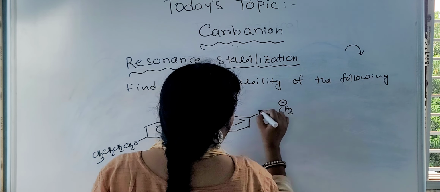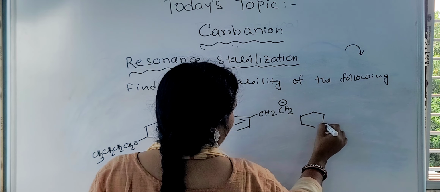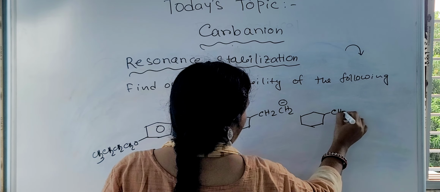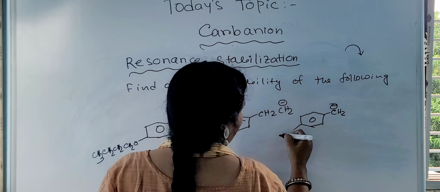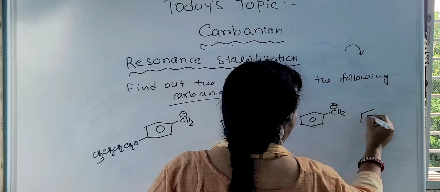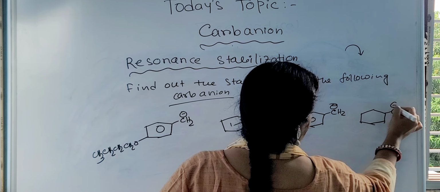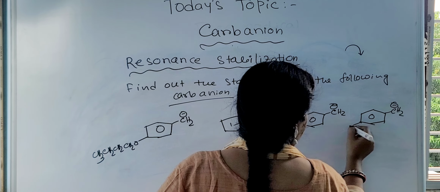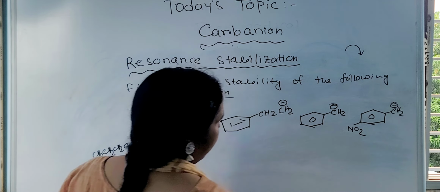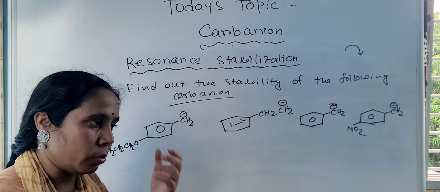Let me finish first, then you can easily see what I am drawing. Okay. So give me the stability of the following species. Otherwise, I will help you later on.